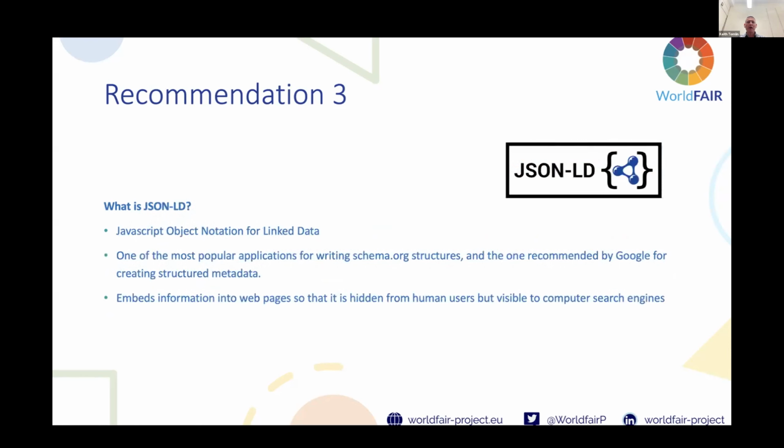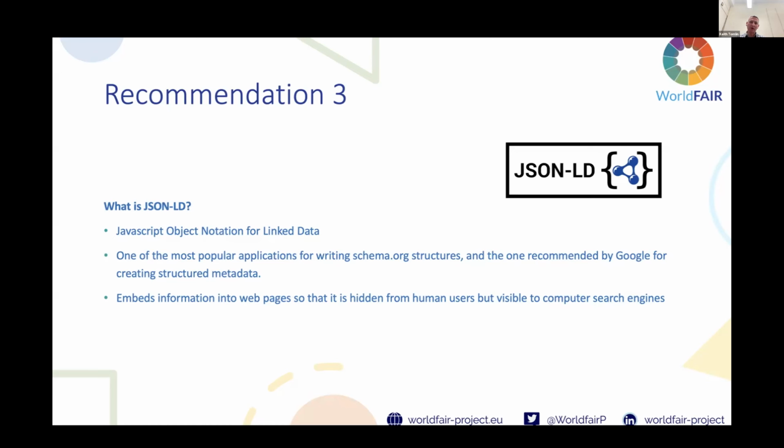And in terms of carrying this work out, again, a recommended application for doing this is JSON-LD. It stands for JavaScript Object Notation for Linked Data. It's been recommended by Google for creating structured metadata. And it is able to embed this metadata information into web pages so that it's hidden from human users, but it is visible to computer search engines.